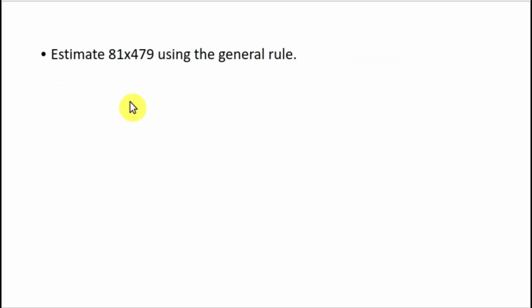Next, estimating 81 multiplied by 479 using the general rule. For example, 479 is rounded off to the nearest 100. When we are rounding off to the nearest 100, we have to check these numbers.